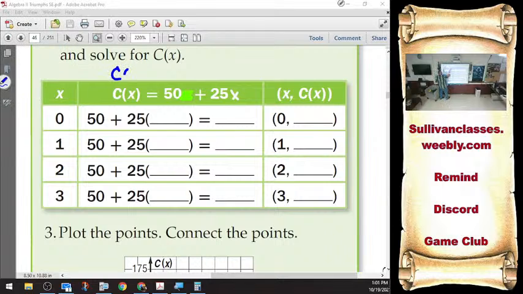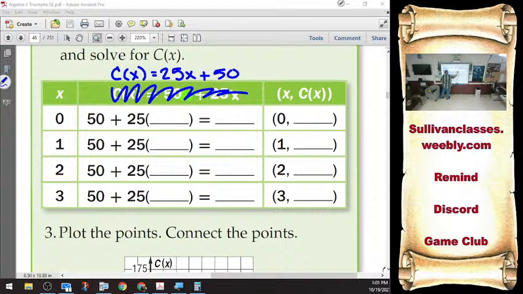So maybe I'll do C of x is 25x plus 50. There we go. Scribble it out and write the real one. They screwed up. Way to go, editing publisher. So, $50 plus 25x.